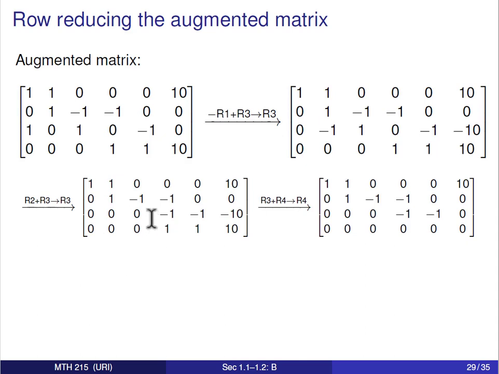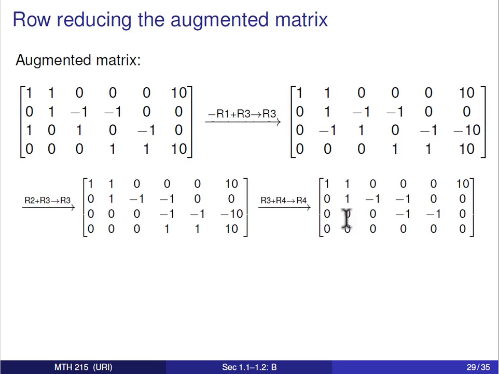Once I add row 3 times 1 to row 4 and record the answer in row 4, it actually ends up giving me a 0 in every single entry. Now that's okay actually, because that row of zeros is in the last row, which is what should happen if it's in echelon form.